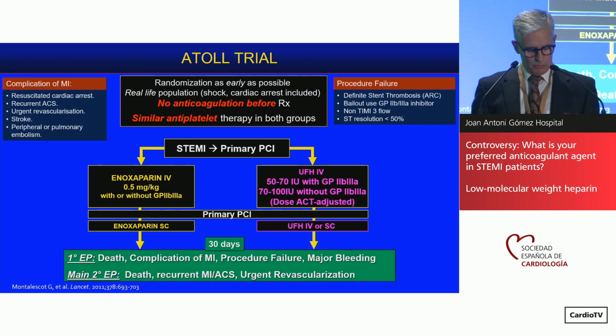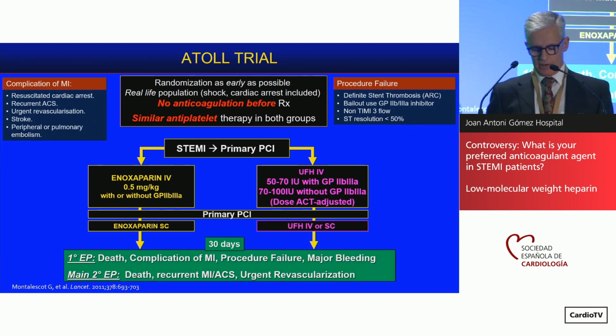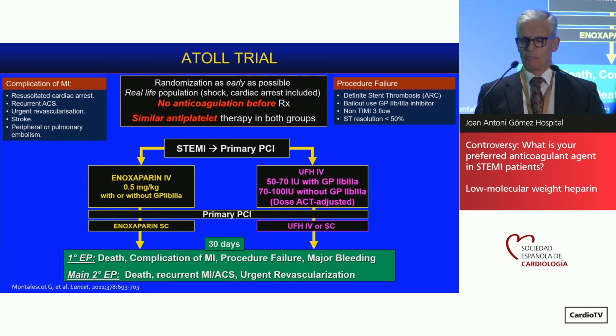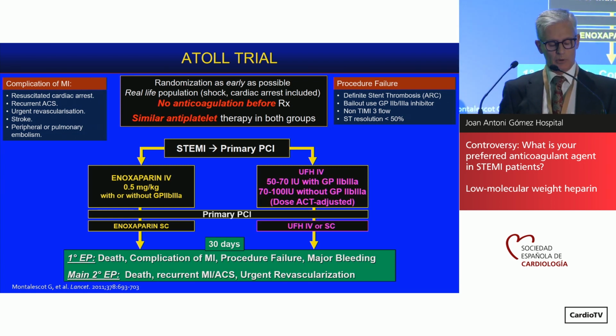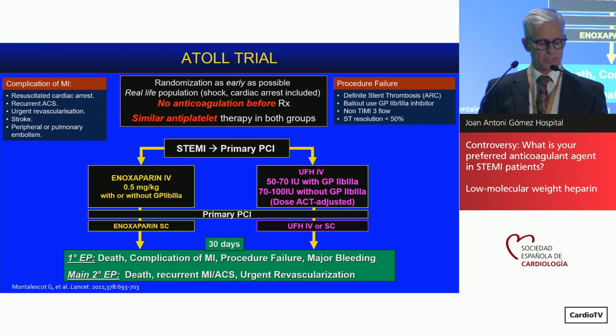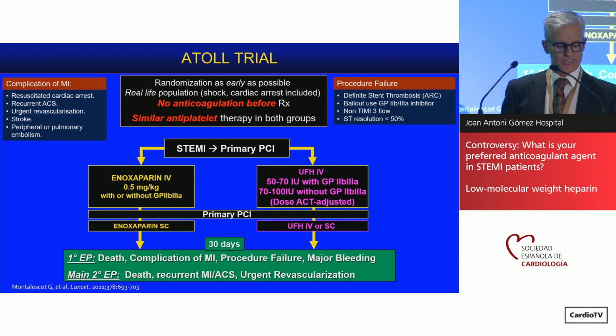The primary endpoint was death, complication of myocardial infarction, procedure failure, or major bleeding. This is a complex primary endpoint, and the complication of MI was defined as a resuscitated cardiac arrest during PCI, recurrent acute coronary syndrome, urgent revascularization, stroke, or peripheral or pulmonary embolism.